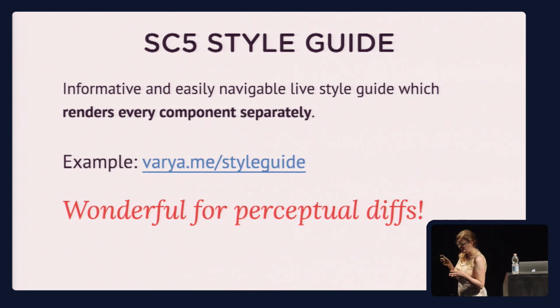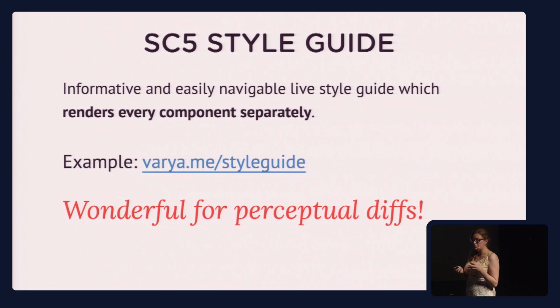The fact that this style guide is generated from the code with zero effort from me as a developer, and that it is always up to date, what they call a living style guide, and that it has this separate page per component, helps very much with introducing this visual regression testing technique.